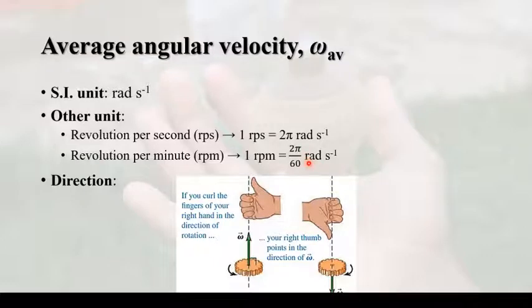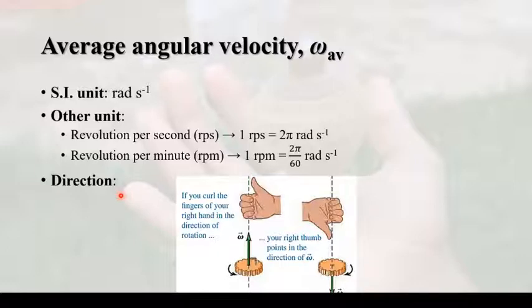So how to determine the direction? This is a very important thing. Students always have a misconception. They think the direction of rotation is the direction of angular velocity. But in fact, it is not. You have to determine it by using your right hand.